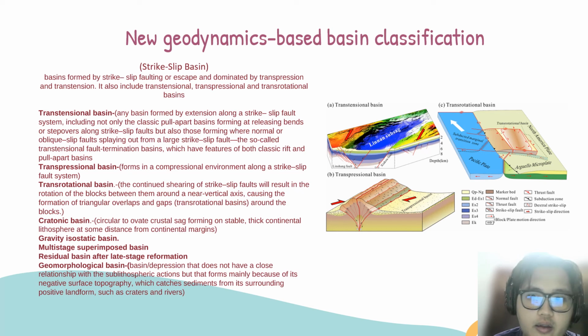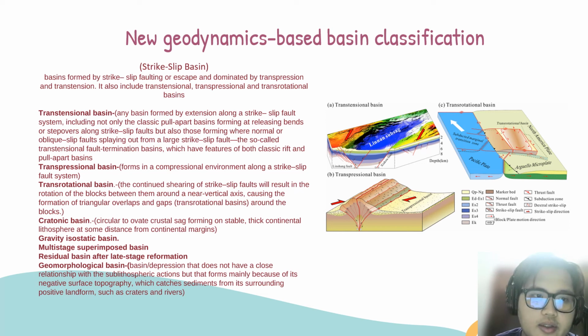The last category in the new geodynamic basin is the strike slip basin. This basin is formed by strike slip faulting or escape and dominated by transpression and transtension. It also includes the transtensional, transpressional, and transrotational basin. Under this type, there are a few types of basin.